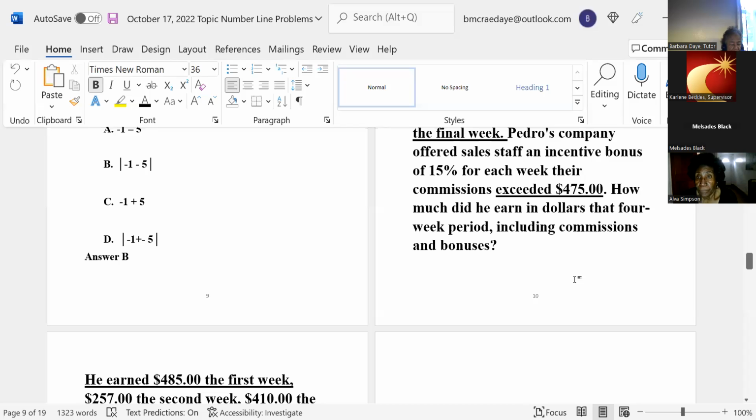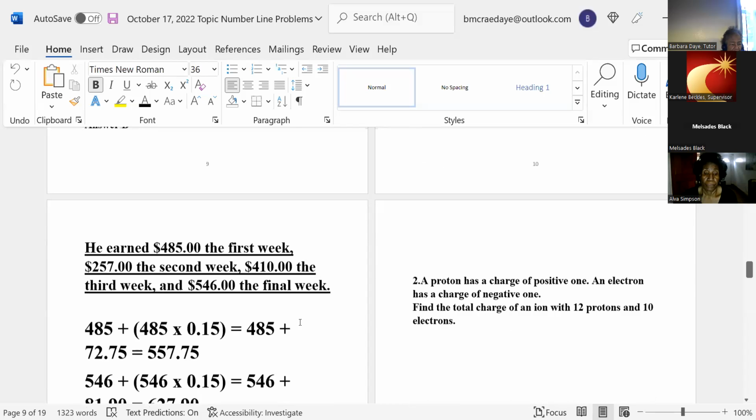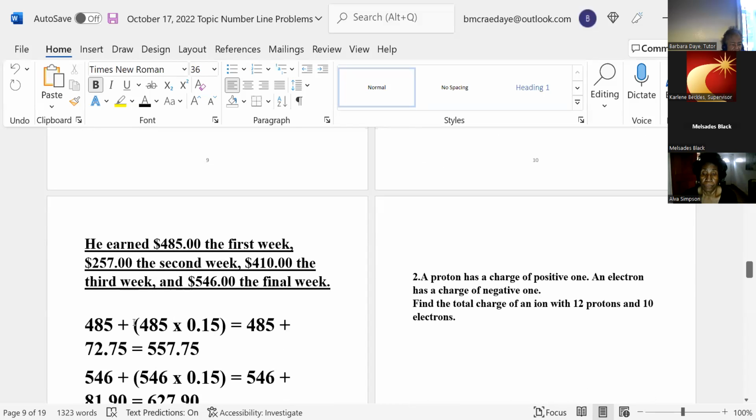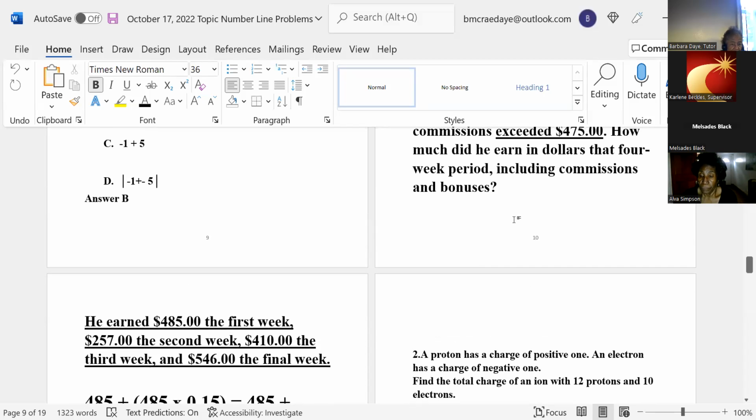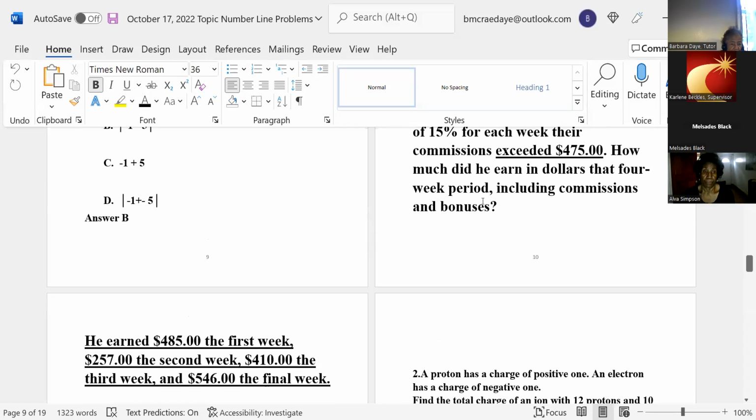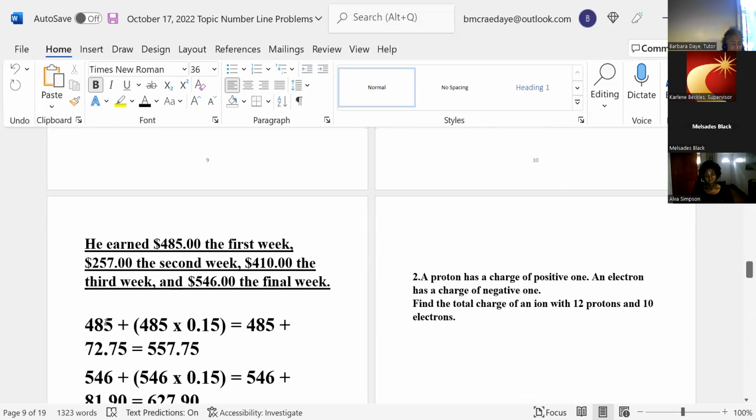And that's why we took the percent of his commission and added it to his commission. That gives you the total. So that's how much he earned that 4-week period, including commissions and bonuses. The commission is the 485. The bonus is 15% of the commission.